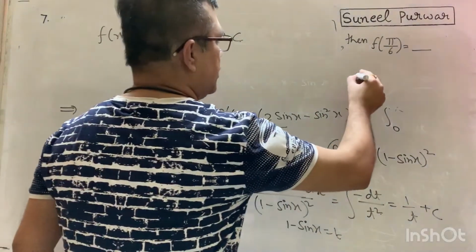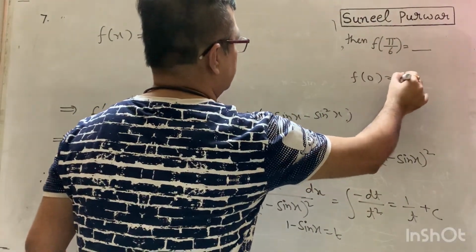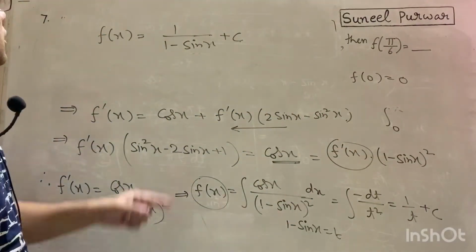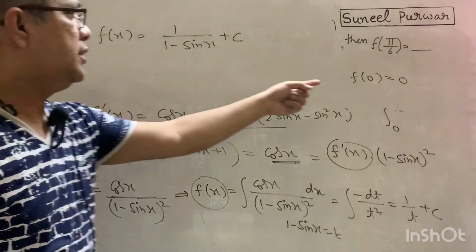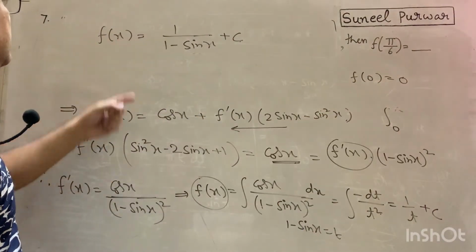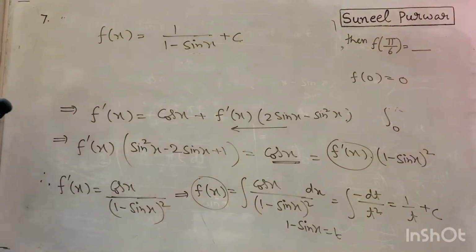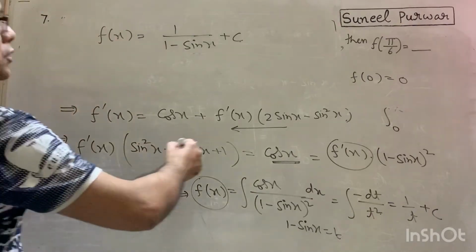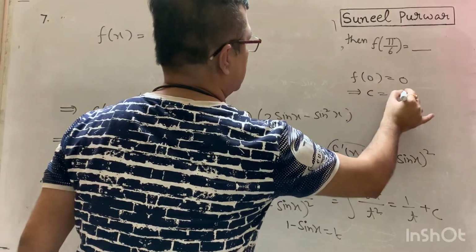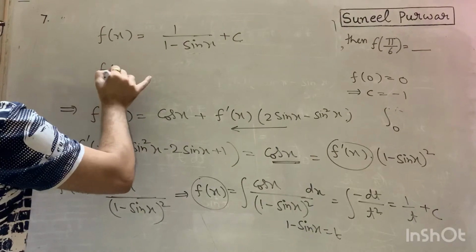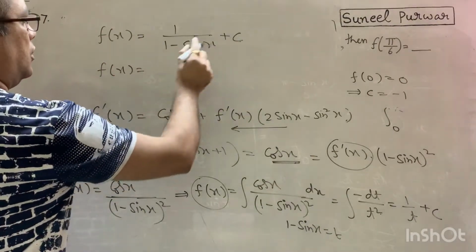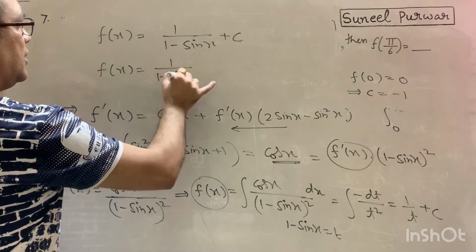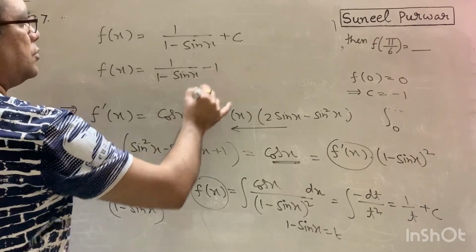Utilizing this information, C is equal to minus 1. So your f of x is now 1 upon 1 minus sin x minus 1.